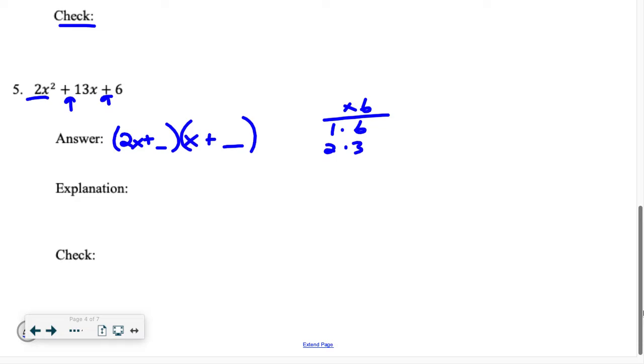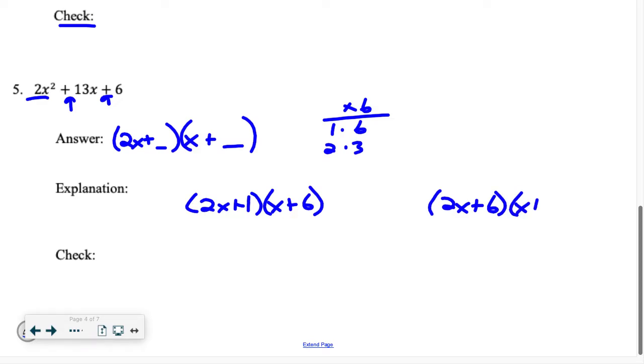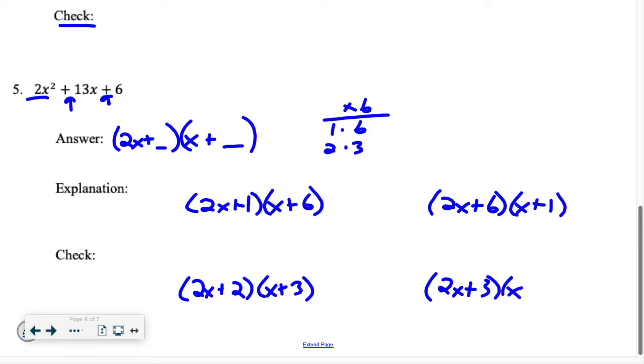I could possibly have 2x plus 1 times x plus 6. I could have 2x plus 6, x plus 1. 2x plus 2, x plus 3. 2x plus 3, x plus 2. These are the 4 possibilities.